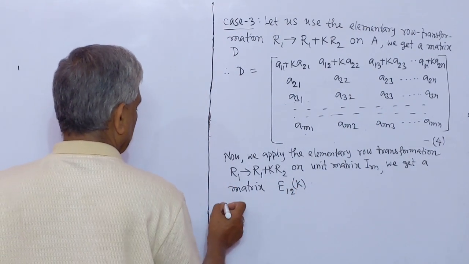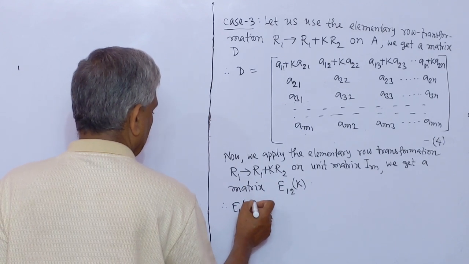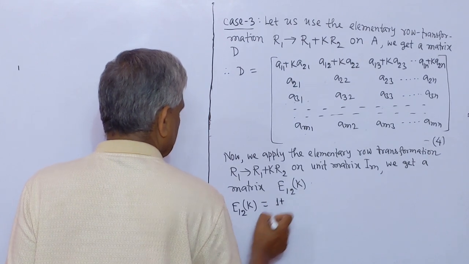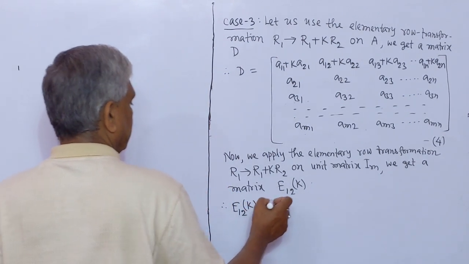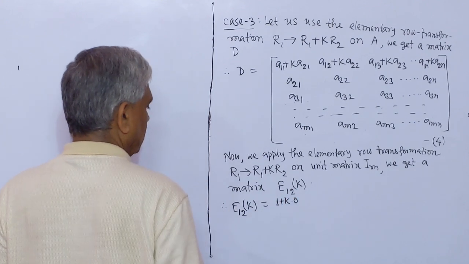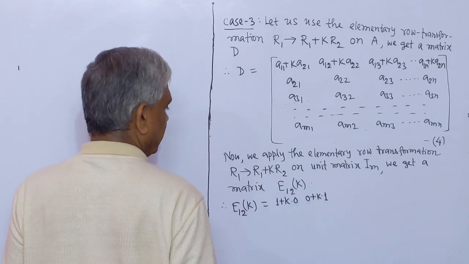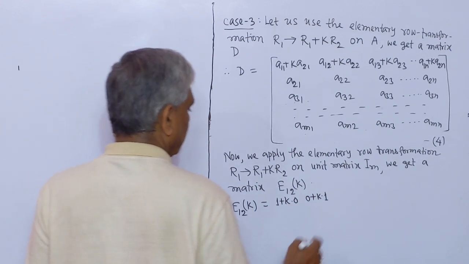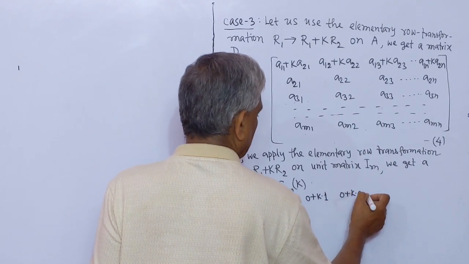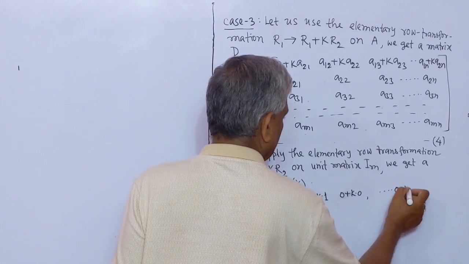Therefore, E12(K) will be equal to 1 plus K multiply elements of second row of unit matrix 0. Here 0 plus K multiply corresponding elements of second row be 1. 0 plus K multiply 0 and dot 0 plus K multiply 0.